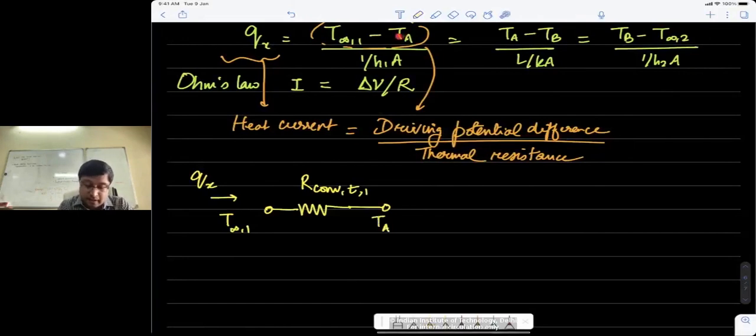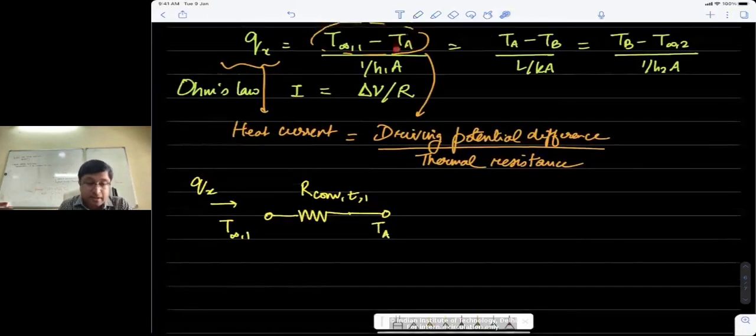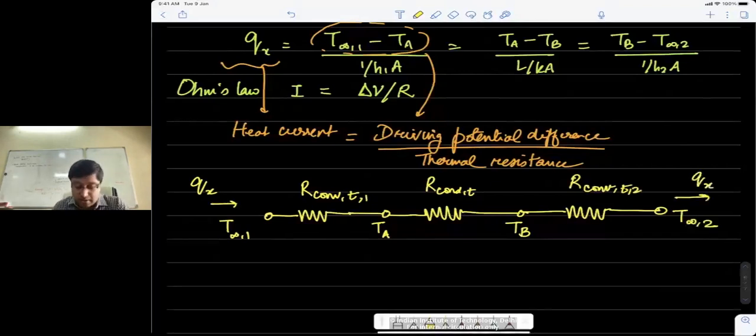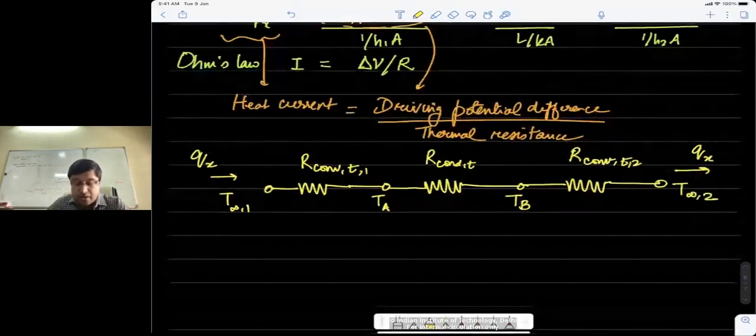Then it passes through a conduction resistance, R conduction T, where the T just denotes thermal resistance, not that it is time dependent. Then it comes to a potential of Tb, and then we have a convection resistance again, convection T2, and then it reaches a potential of T infinity 2. All through this circuit the same current Qx is passing.